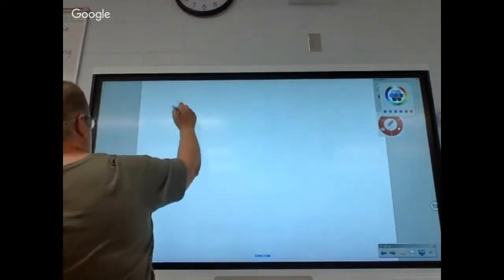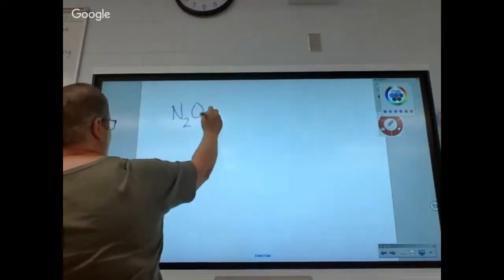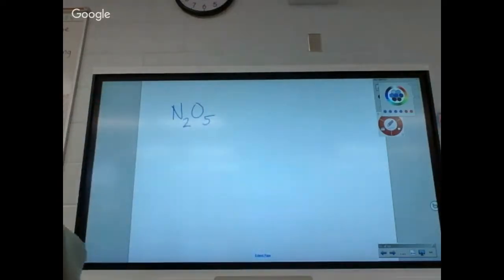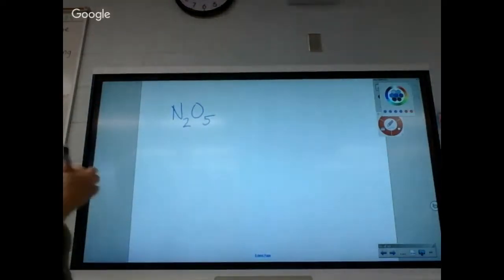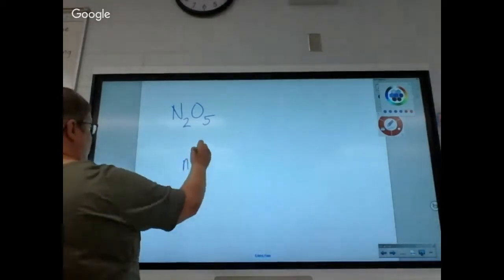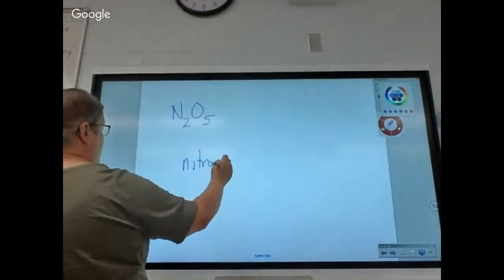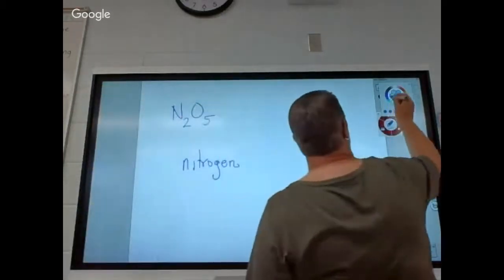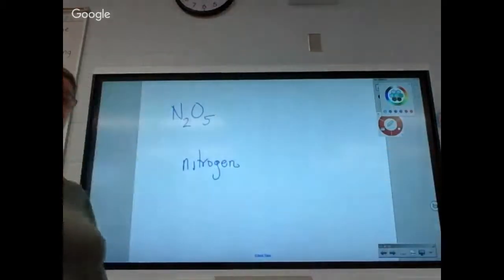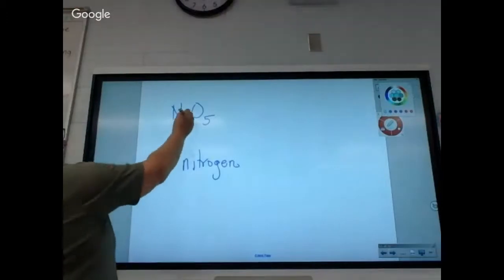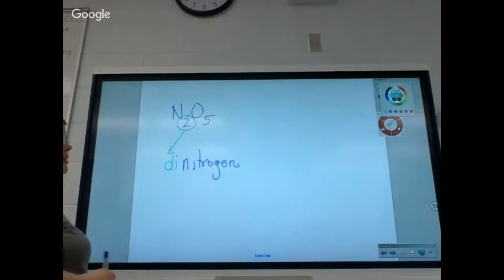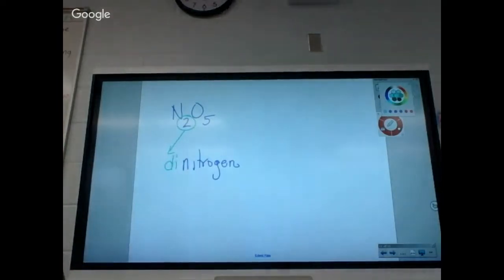So, what if I had N2O5 and I want to write its name? All right, how many nitrogens? This time, when I write nitrogen for my first element, because I have 2 nitrogens, I have to put dinitrogen, because there's more than 1 nitrogen.